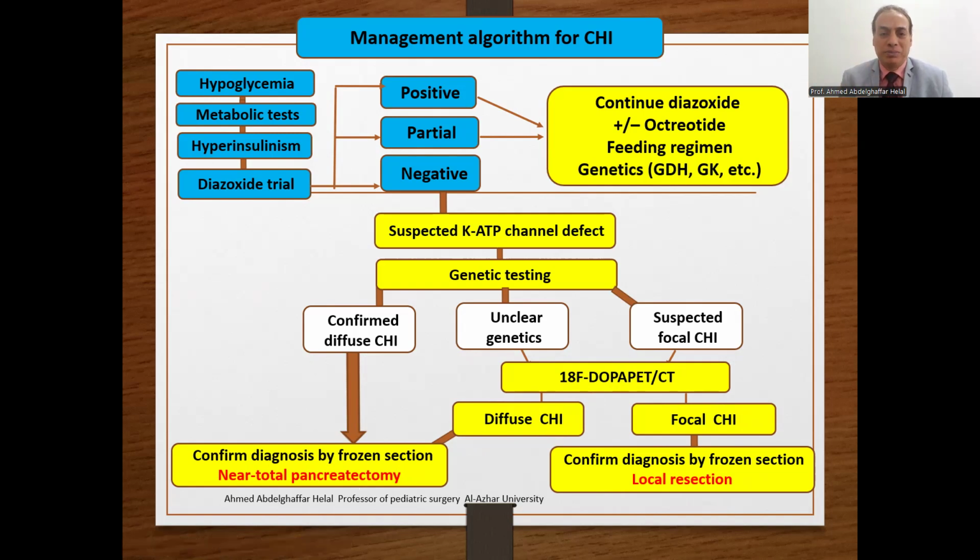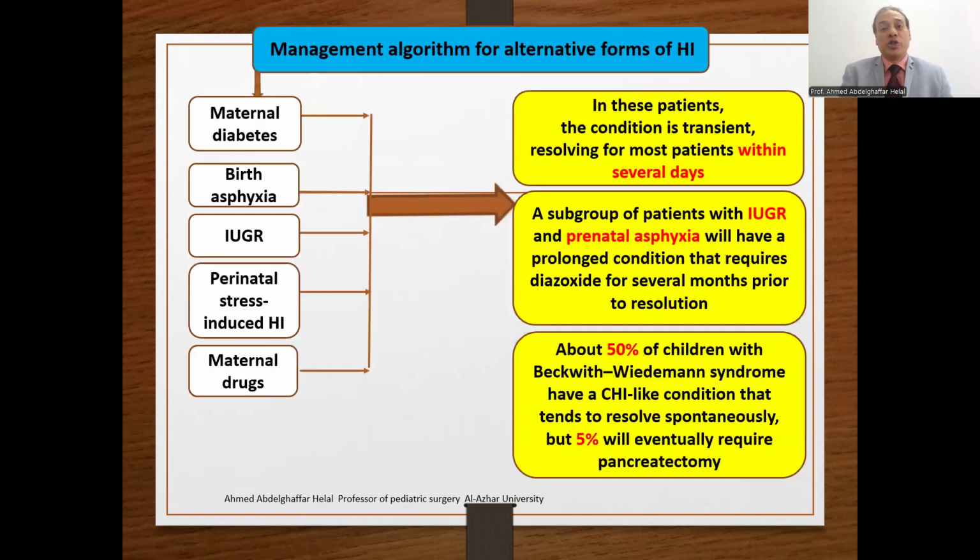This is an essential algorithm to be fully understood by all pediatric surgeons and pediatricians on how to deal with congenital hyperinsulinism with severe hypoglycemia. Other causes or alternative forms of hyperinsulinism: we said there may be acquired neonatal causes, maternal diabetes including gestational diabetes, birth asphyxia, intrauterine growth retardation, perinatal stress-induced, maternal drugs.